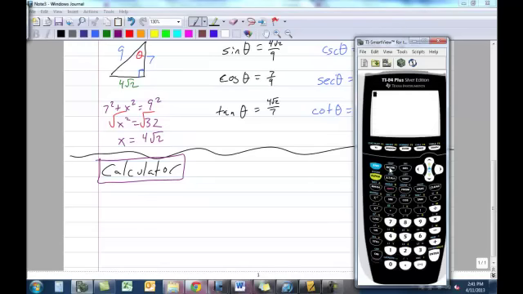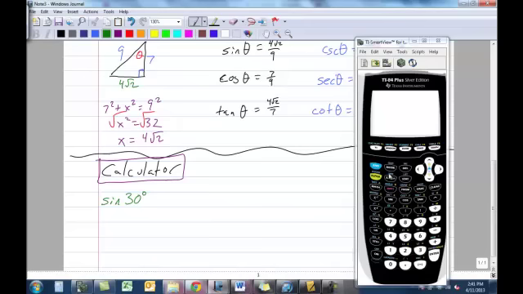So go back to your home screen, and let's start off with something like the sine of 30 degrees. Right? Easy enough. You go to your buttons, press sine. Sine of 30. Press enter, and you should get 0.5. So sine of 30 is 0.5. If they give you the angle, using the calculator is pretty simple.